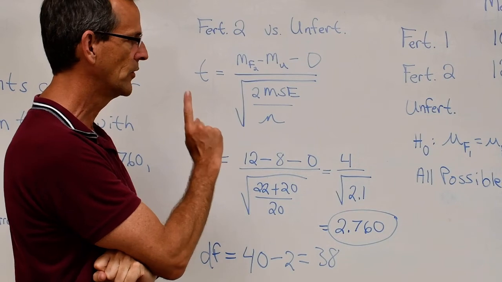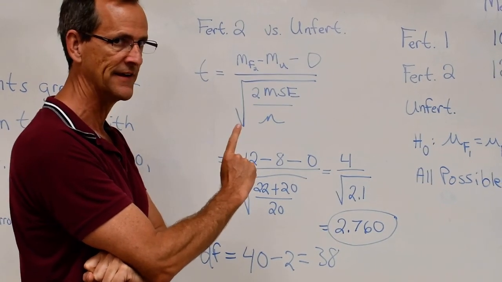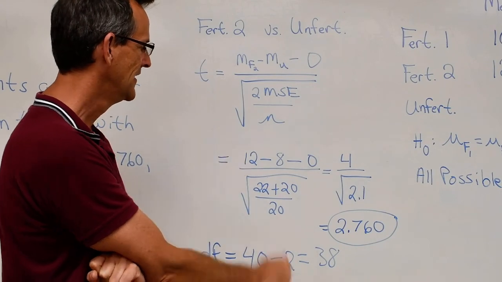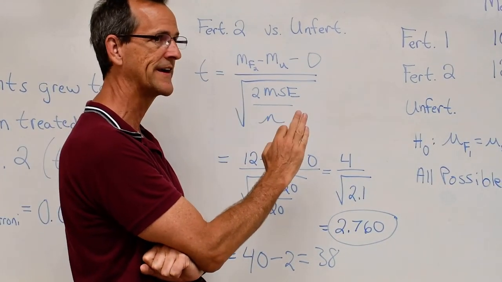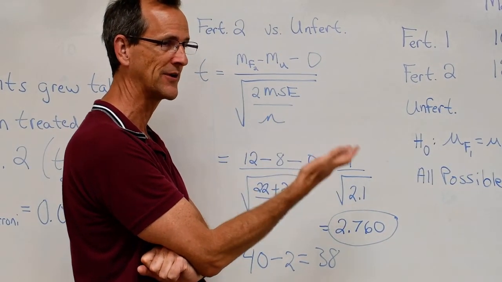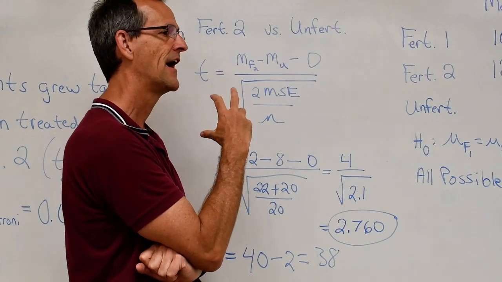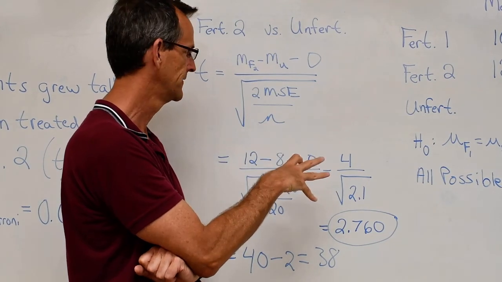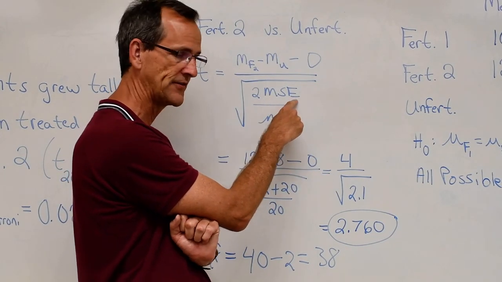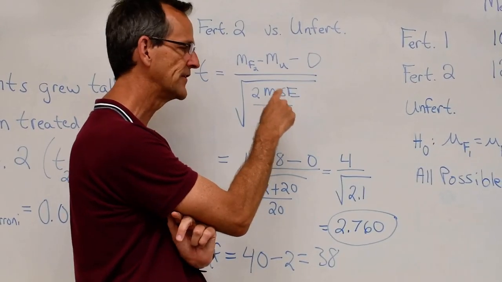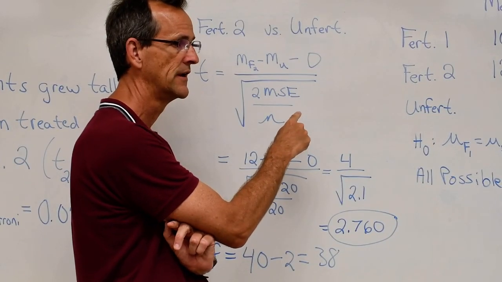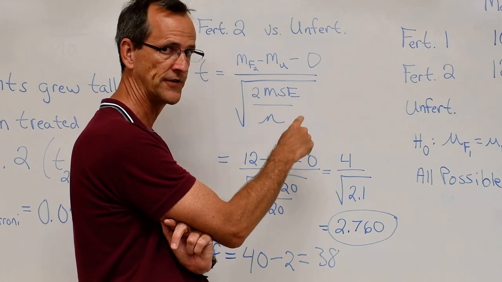Now let me tell you the most common mistake I see when students analyze something like this. This really can occur when you're doing a Tukey's test and a Bonferroni corrected t-test on the same data. You see the MSE term here? This is not the same mean squares error that we used in the Tukey statistic.